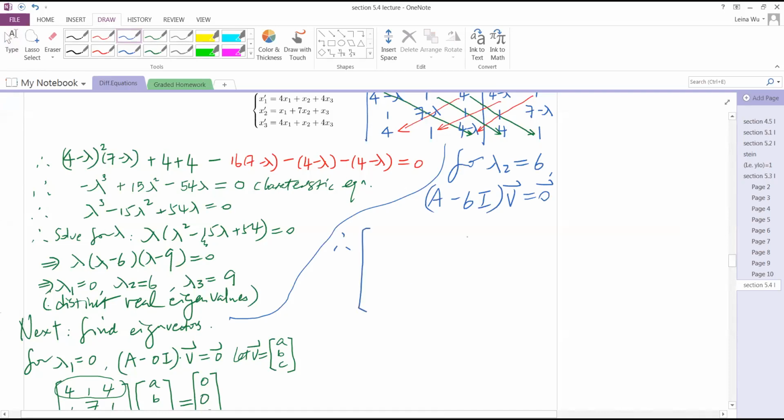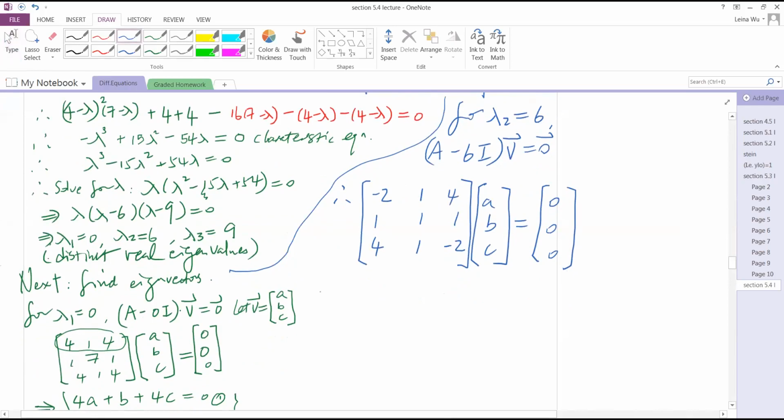So you should have 4 minus lambda, 4 minus 6, that's going to be negative 2, 1, 4, and 1, 7 minus 6, which is 1, 1, 4, 1, and 4 minus 6 will mean negative 2 times A, B, C equals 0, 0, 0.